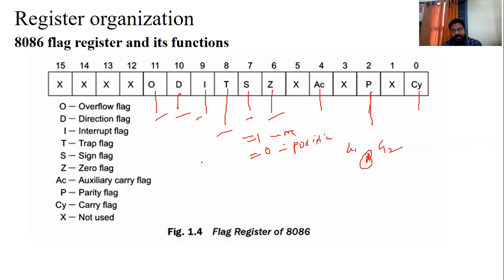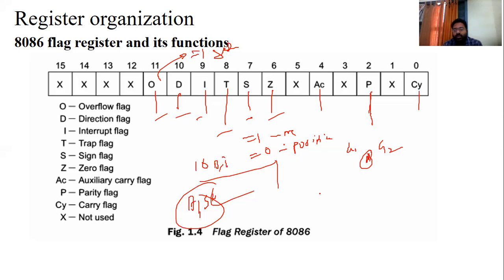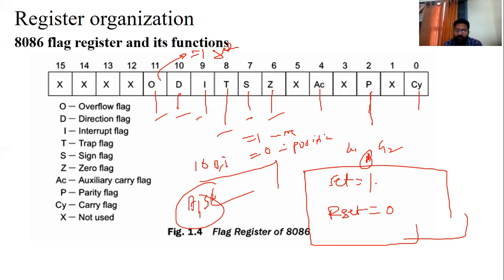Our registers are 16-bit, so when numbers of 17 or 18 bits occur by adding or multiplying, the flag is set. Remember, set is equal to one, reset is equal to zero.